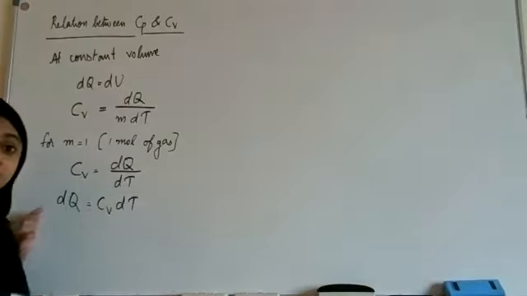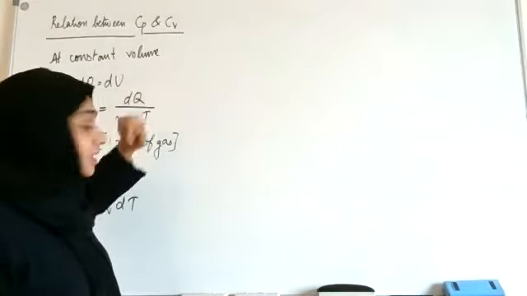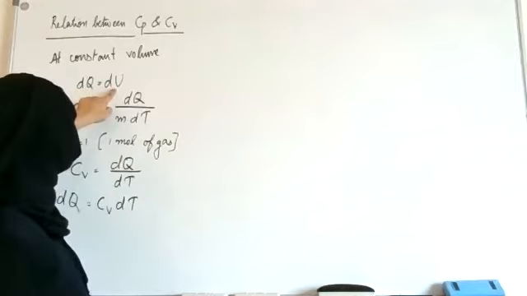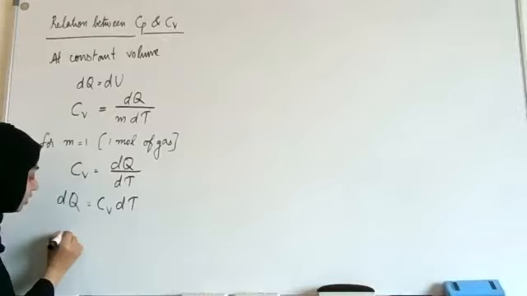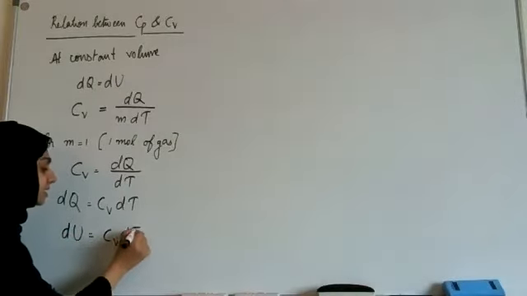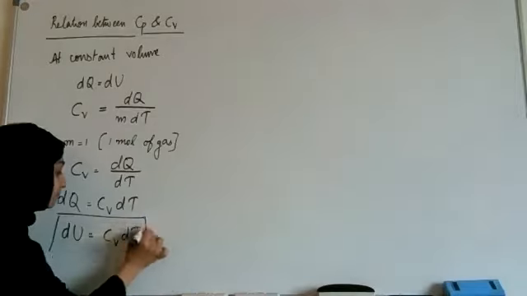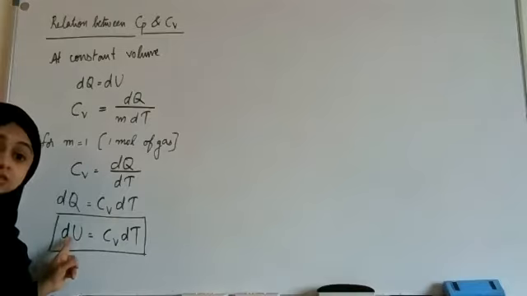Right? Now compare this with the first law of thermodynamics. You have dQ is equal to dU, right? So I can write here, instead of dQ, dU. dU is equal to Cv dT. Now this is an important equation which you have to memorize. See what the equation tells.